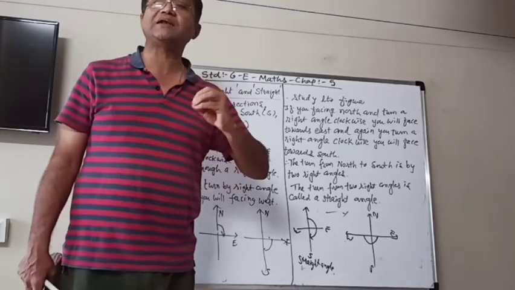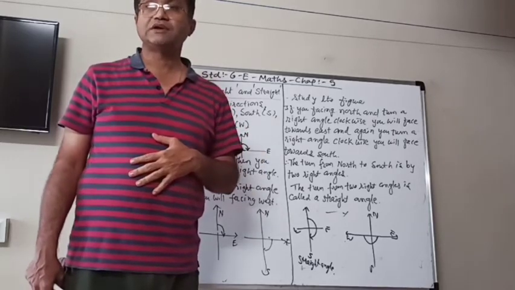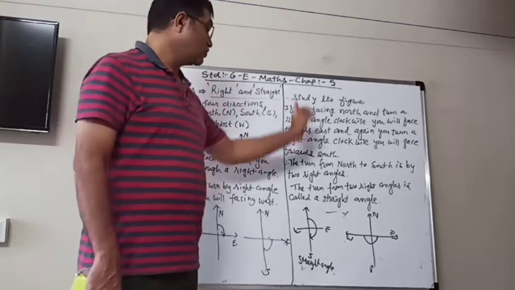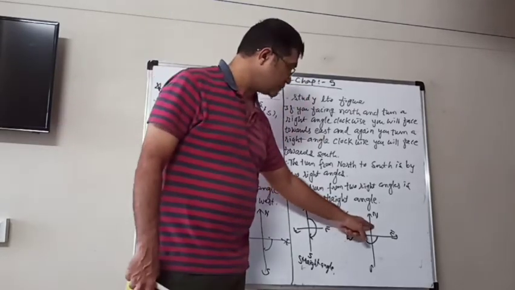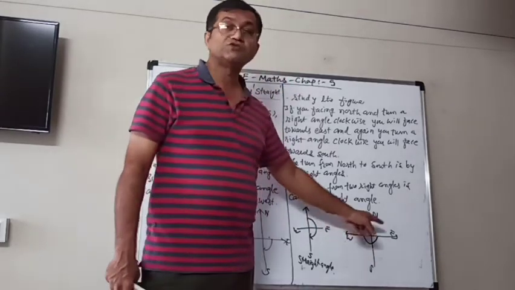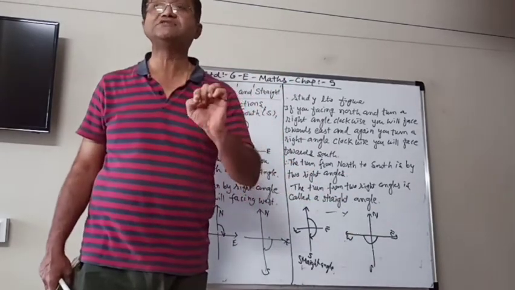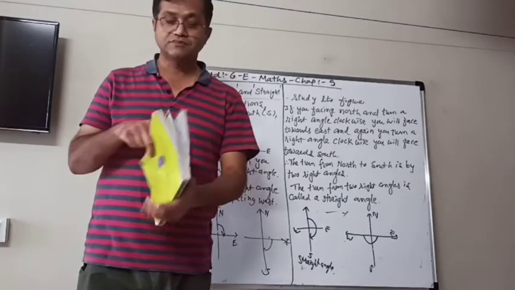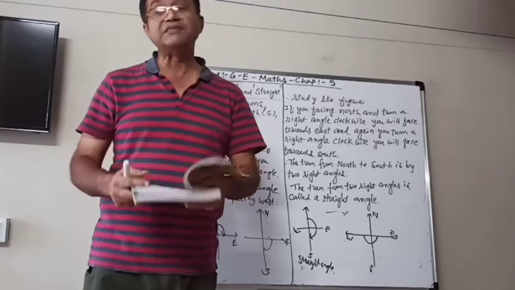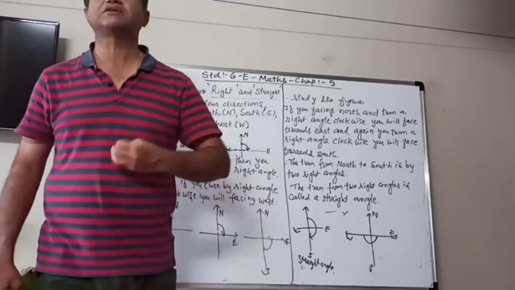What will be my final direction? It will be towards the original position, towards north again, because I started here, moved one straight angle, another straight angle. So I will be back in my original position. And about that we will learn in the next session, what that angle is called.